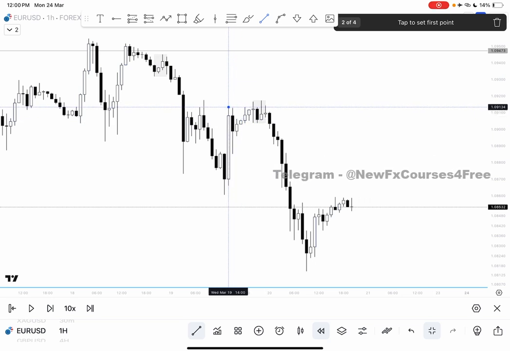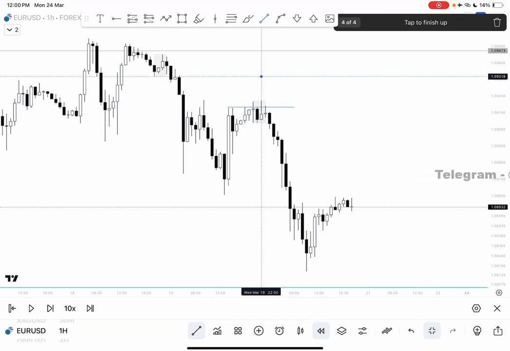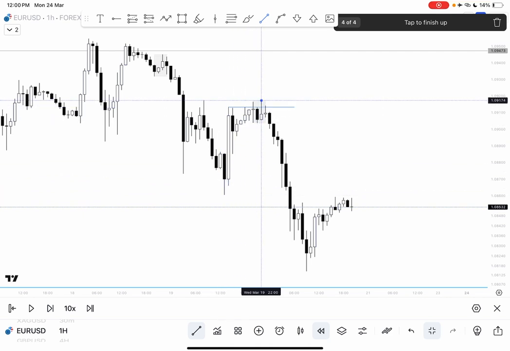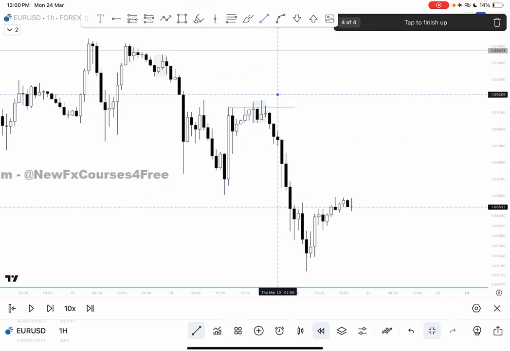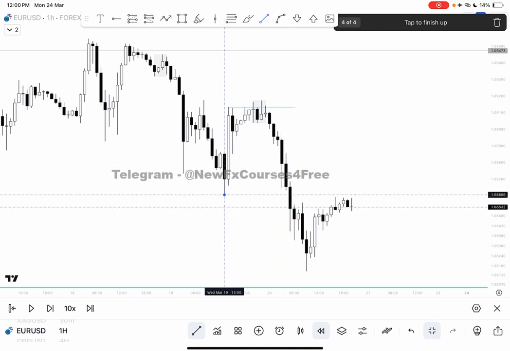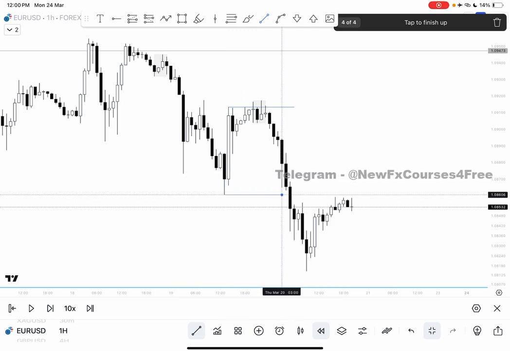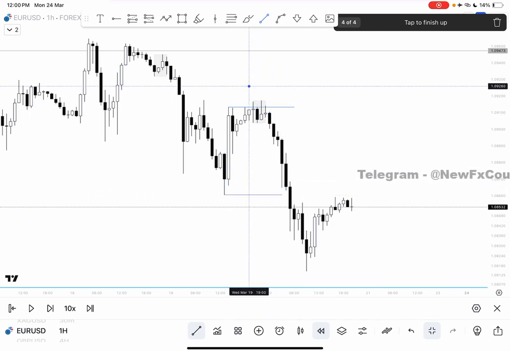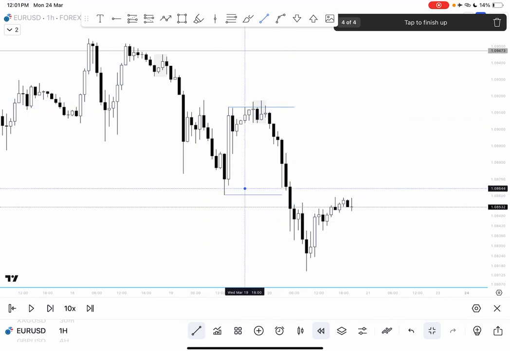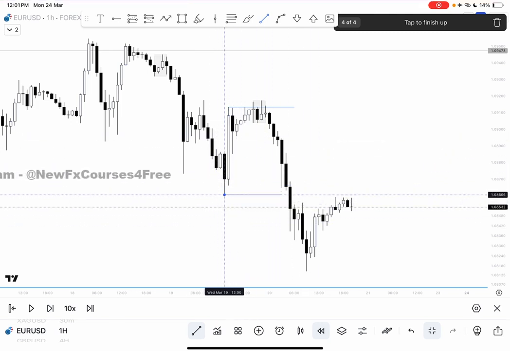So you can see this high was run through, and maybe this was Thursday's price action, and this was Wednesday. That's previous day's low. So those who actually shorted above this high, they have to target this low because this is actually the nearest target.